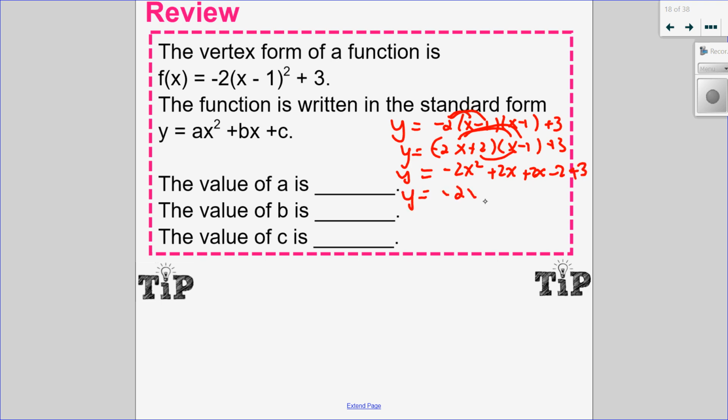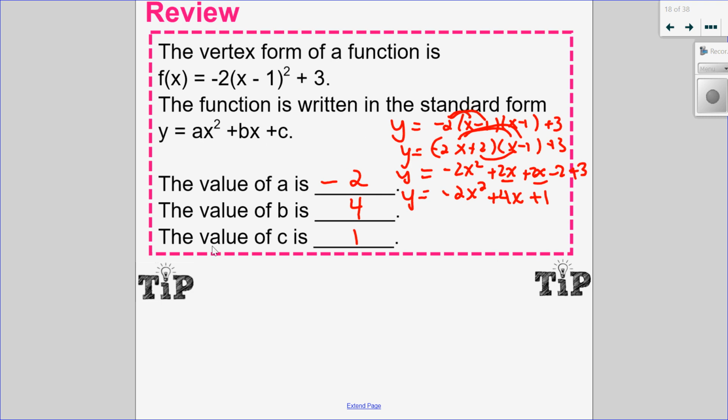So grouping my like terms, I'll have negative 2x squared, 2x and 2x is 4x, negative 2 and 3 is positive 1. So that means the value of A is negative 2, the value of B is 4, and the value of C is 1.